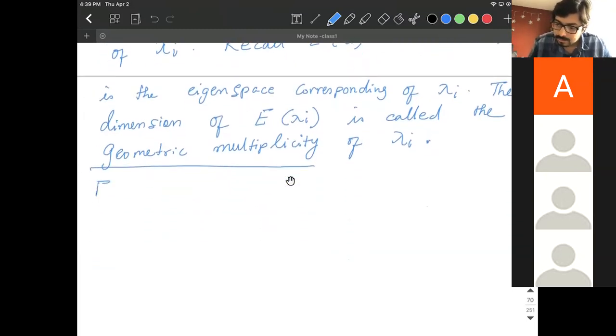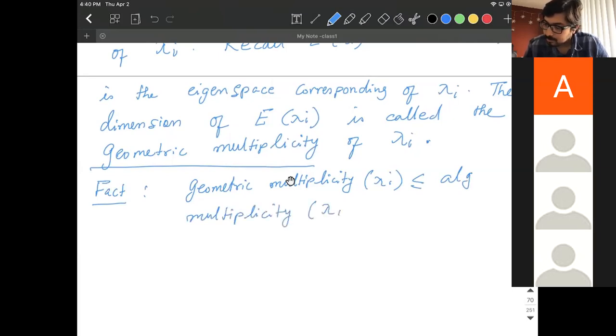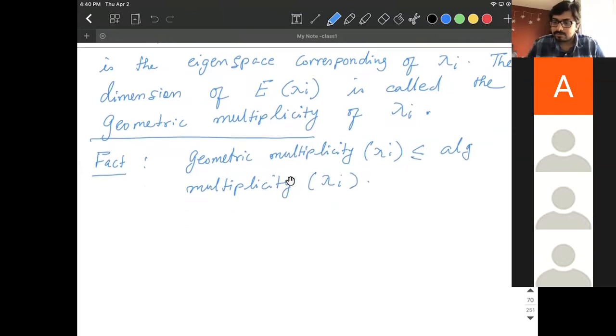Now, once again, this is a slightly deeper fact. One can show that the geometric multiplicity of lambda i is less than or equal to the algebraic multiplicity of lambda i. So this is something one can show, and this is a beautiful connection between the geometric part of an eigenvalue and the algebraic part of an eigenvalue.